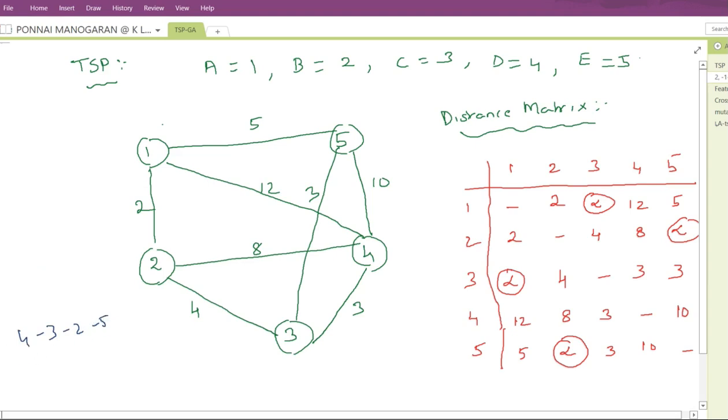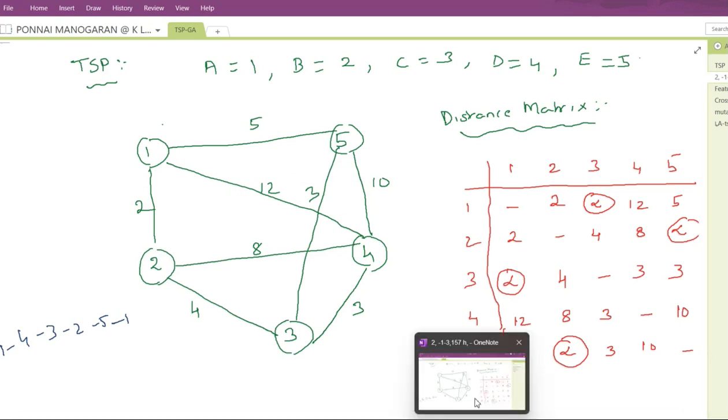So 1 4 is 12. Okay, 12 plus 3 is 15, 15 plus 4 is 19. There is no path actually between 2 and 5. You can observe it. So let us put infinity.